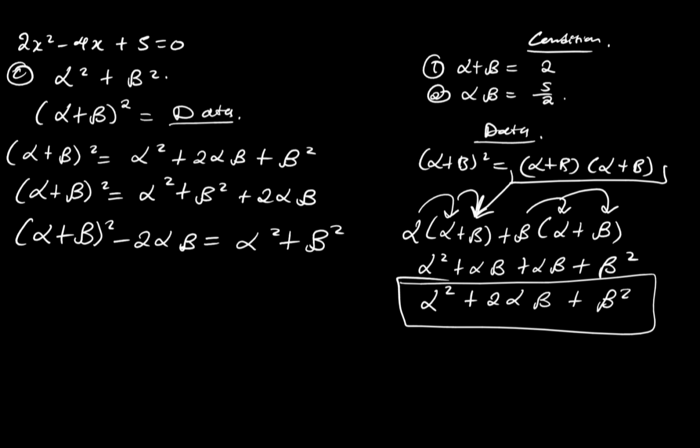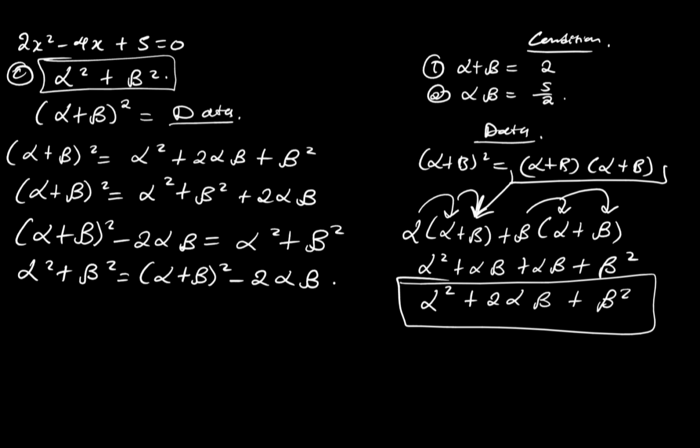Now remember, in mathematics you can flip the equation. Now this entirely means that alpha squared plus beta squared is equal to alpha plus beta squared minus 2 alpha beta.